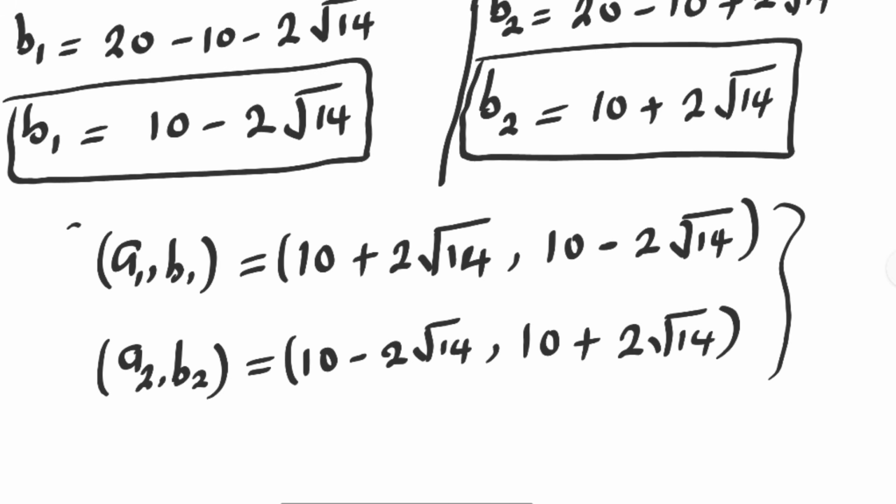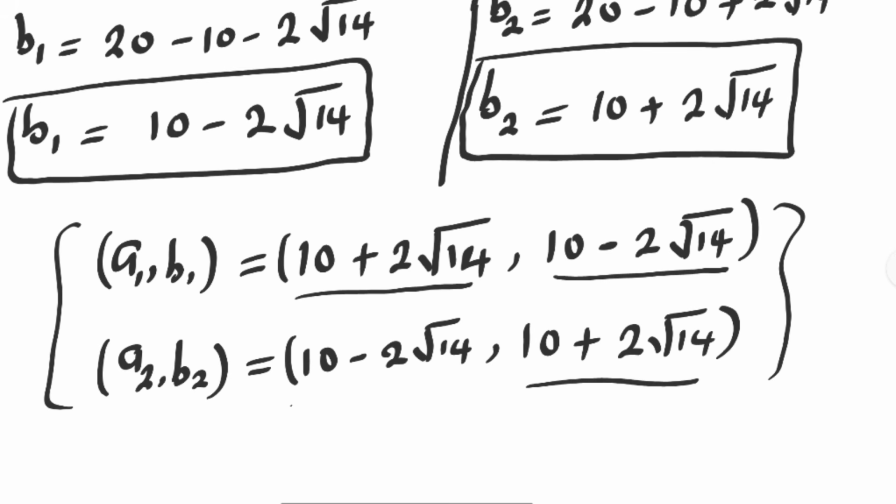These are the corresponding values of A and B. You can see that the value of A1 here is equal to the value of B2 here, and the value of B1 here is equal to the value of A2 here. We may check to confirm if the answer is right or wrong.